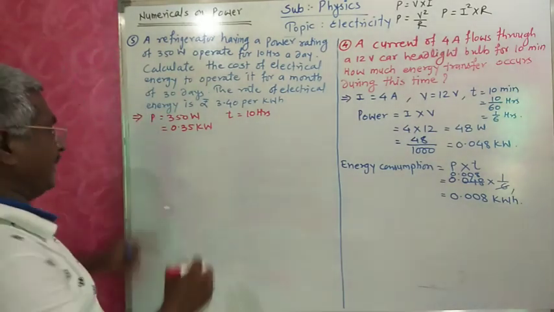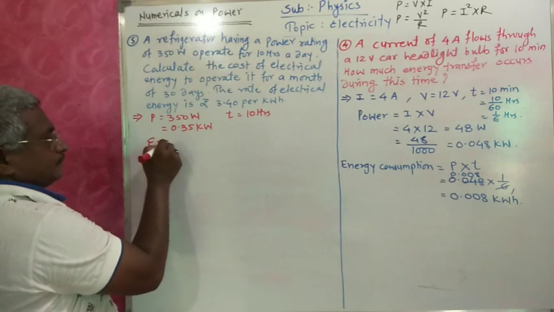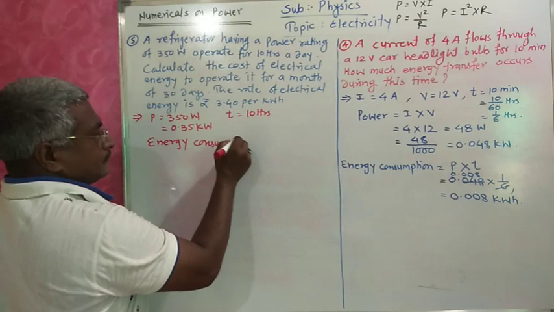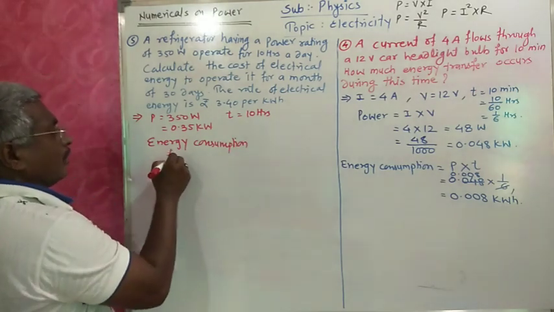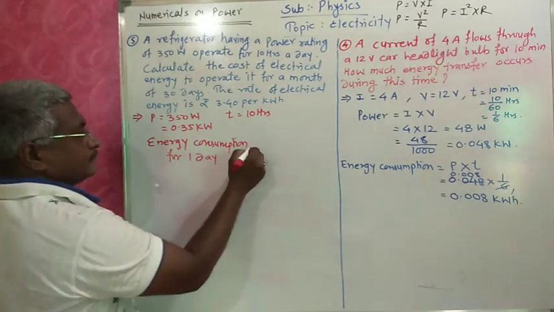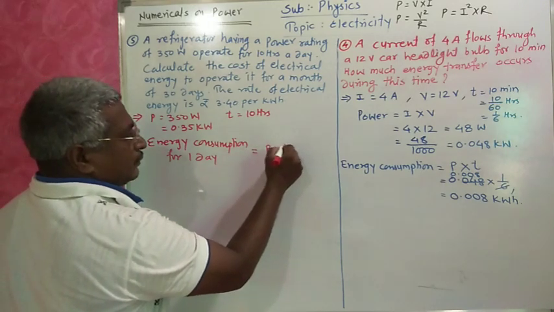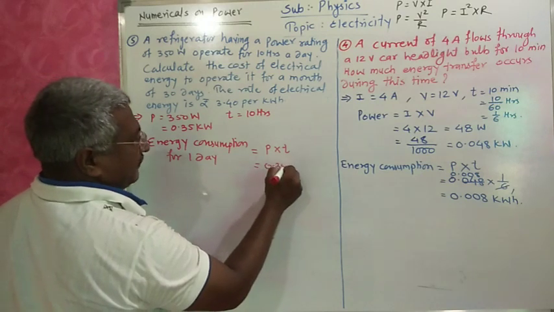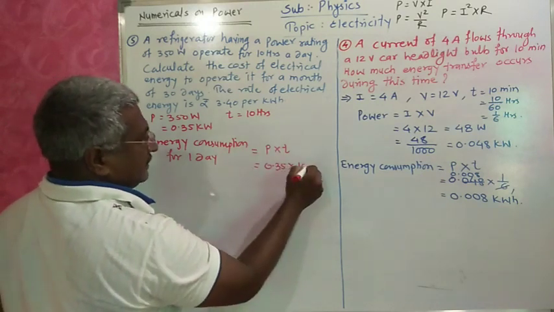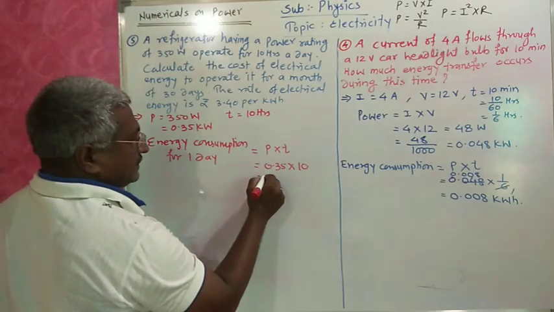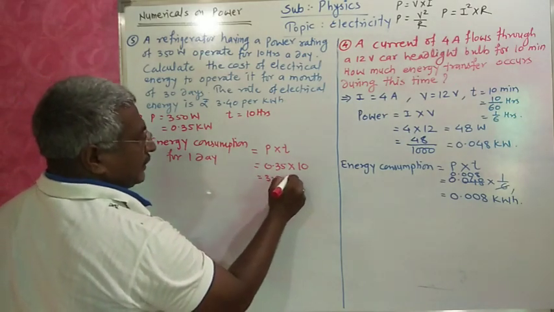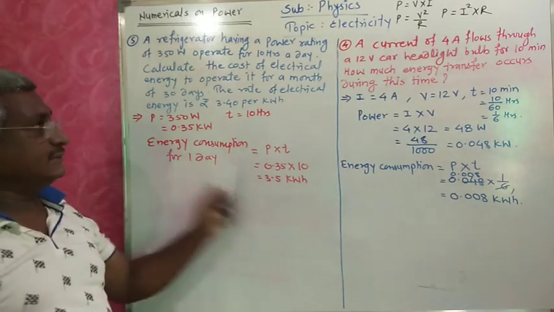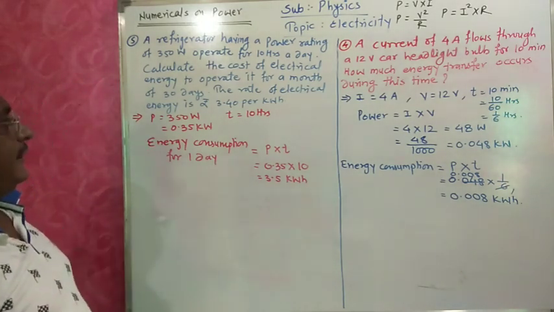So first we will find the energy consumption for 1 day. What is the formula? Power into time. What is the power? 0.35. Time is given 10 hours. So we get 3.5 kilowatt hour. This is the energy consumption for 1 day.